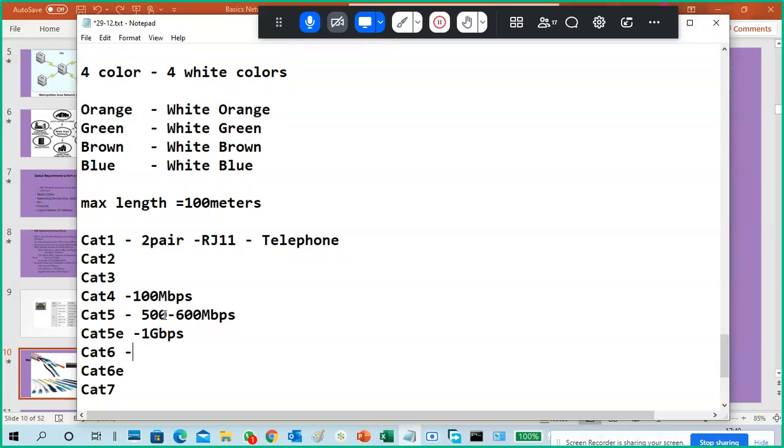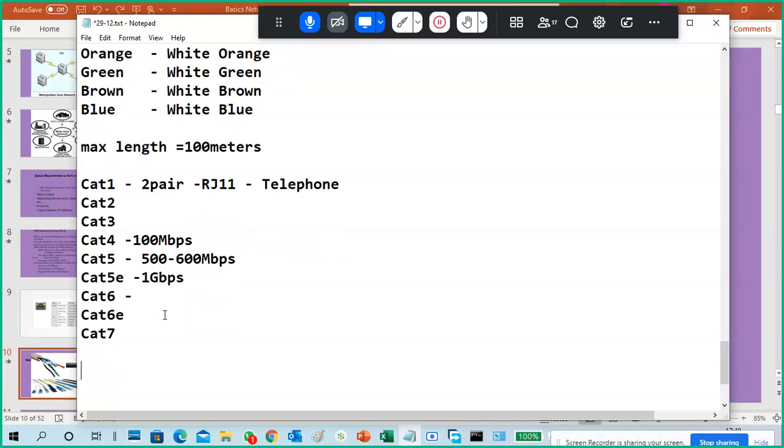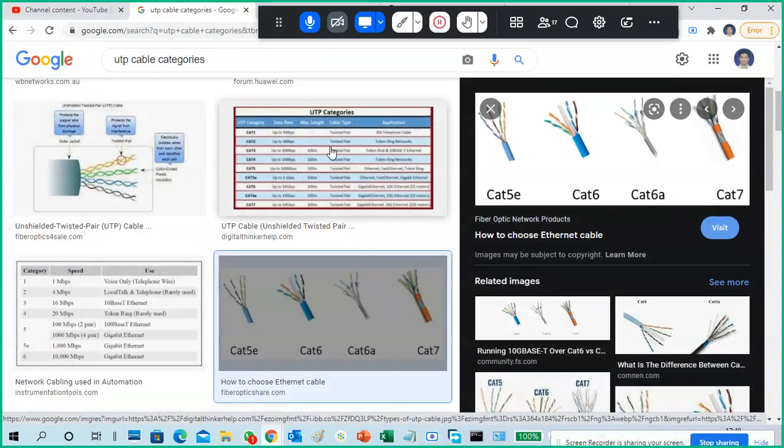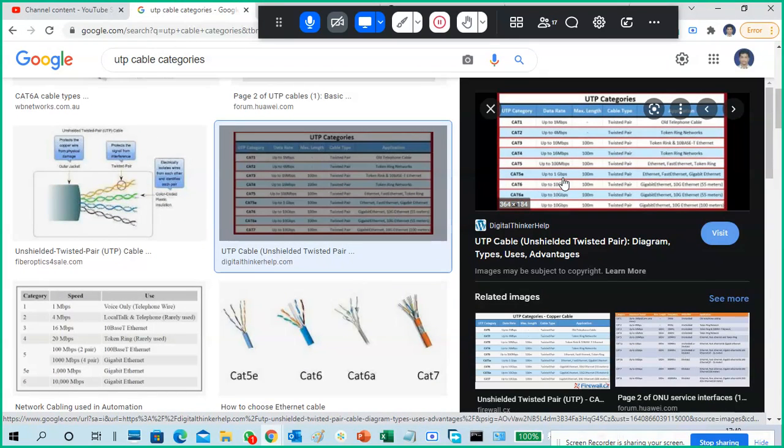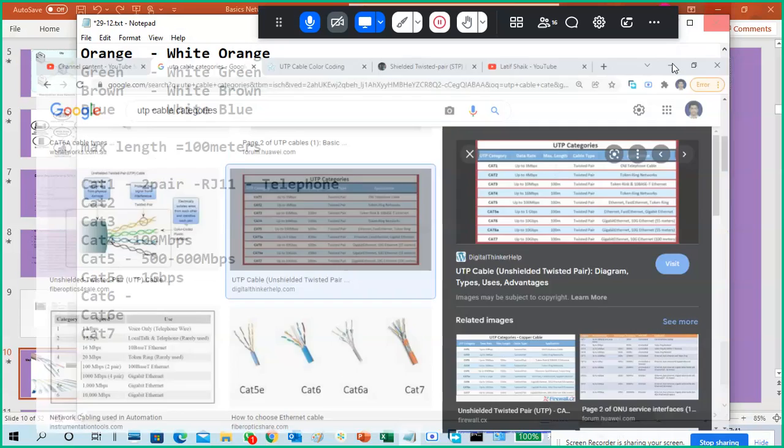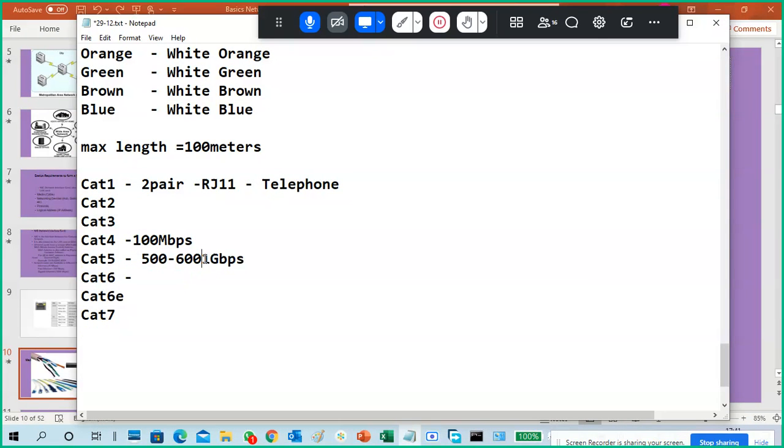I'm giving these details based on a few references, but this is totally confusing. Cat 5e, it is 1G. I've written the same thing. Yeah, there is always confusion. Don't go by the speeds. Compulsorily check in proper standard textbooks or Cisco-related websites. Okay, different categories.